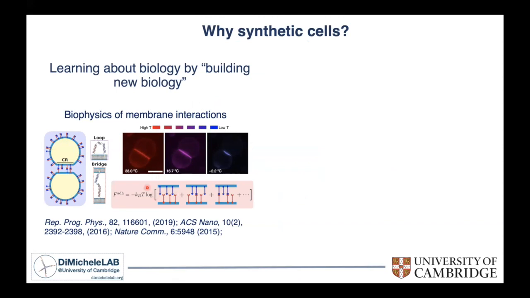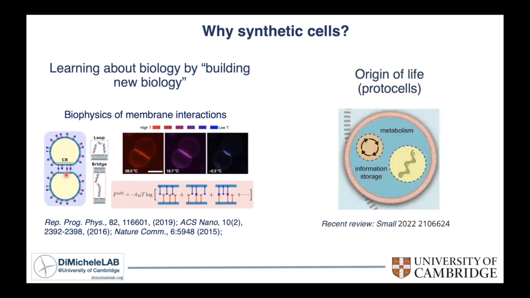This is some work that in the group we've done for a few years using very simple synthetic cell models decorated with DNA nanostructures to look at multivalent interactions between membranes, which are of course relevant in a lot of different biological problems like cell adhesion, motion, mechanosensing. And using these precise experiments, we developed a statistical mechanical model to describe these interactions.